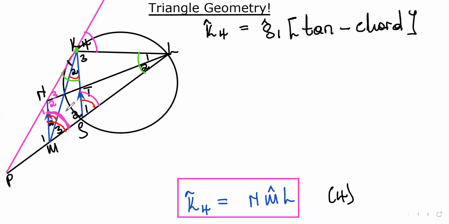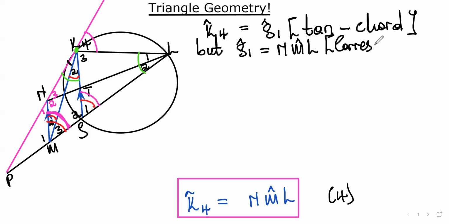Okay. But then we realize something. Once again, in our analysis of the statement, we said angle S1 is actually equal to angle NML. Because if you remember well, we identified an F shape. And we said, well, they are corresponding angles. Don't forget to give us a reason why they correspond.